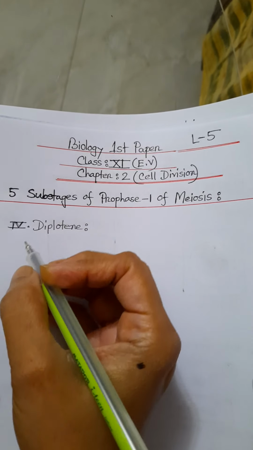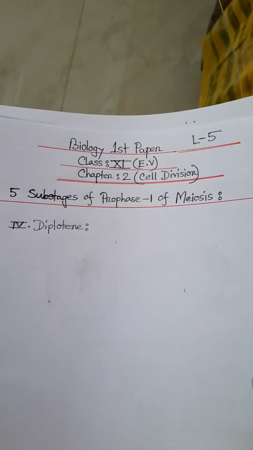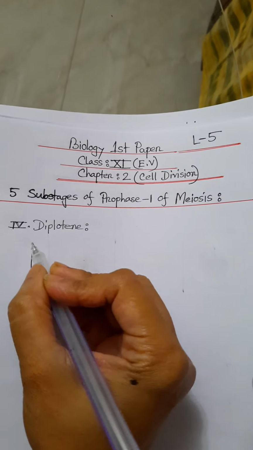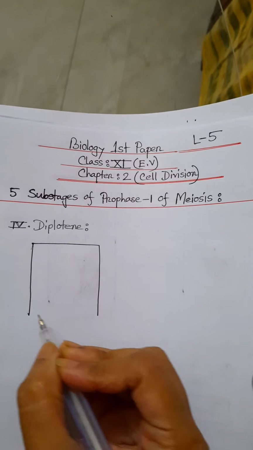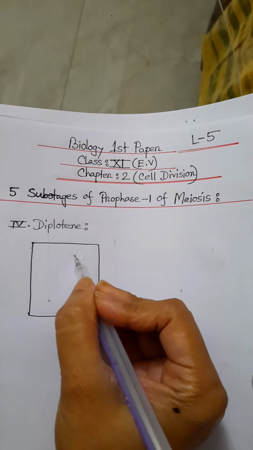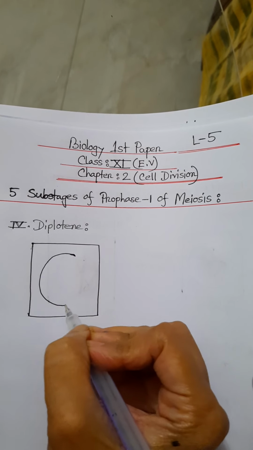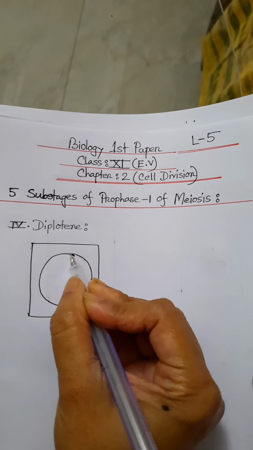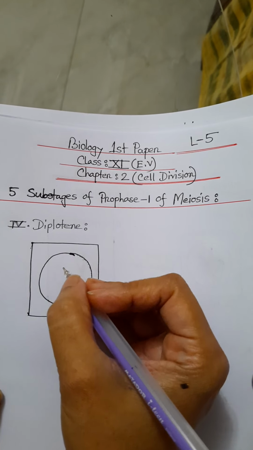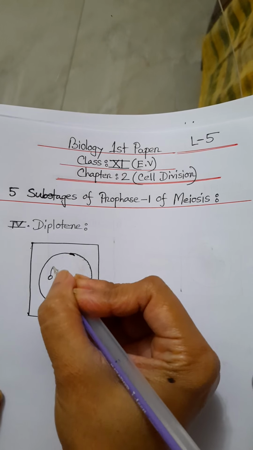Here you can see, if we draw the figure of the diplotene stage, we can see a clear nuclear membrane and the chromosome.